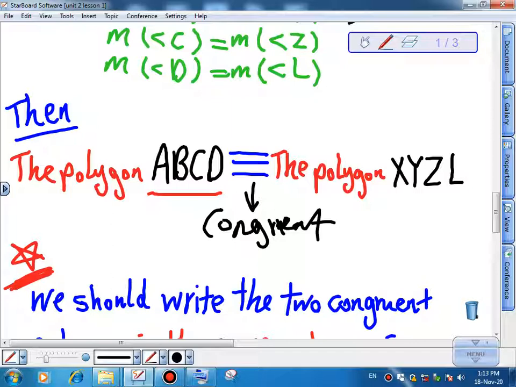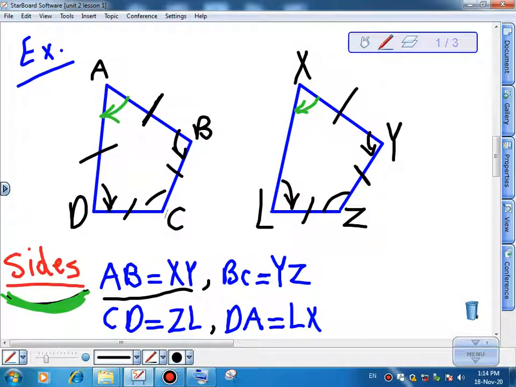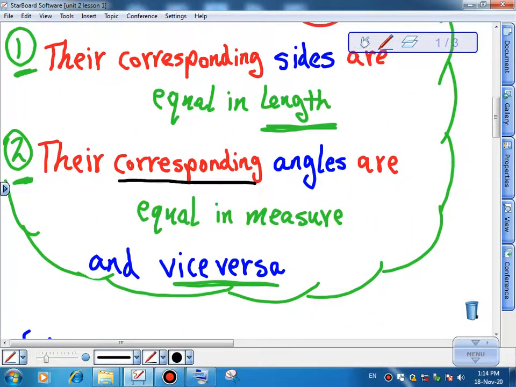Remember that I say vertex A first and vertex X first. Why? Because these two polygons are congruent, are equal: all corresponding sides are equal in length and all corresponding angles are equal. Remember, I mean only the corresponding ones.